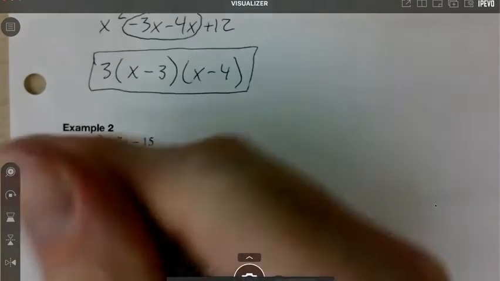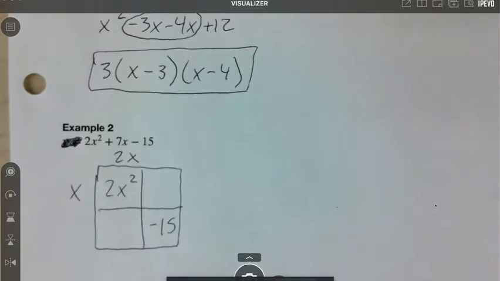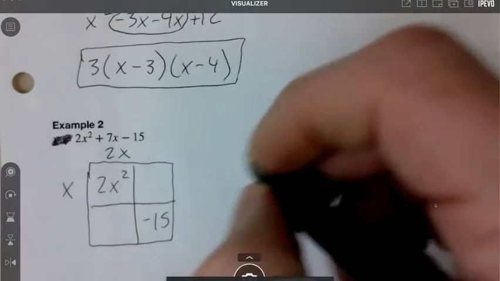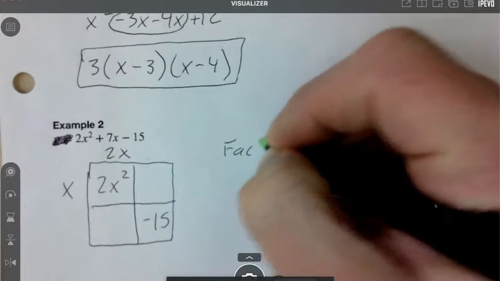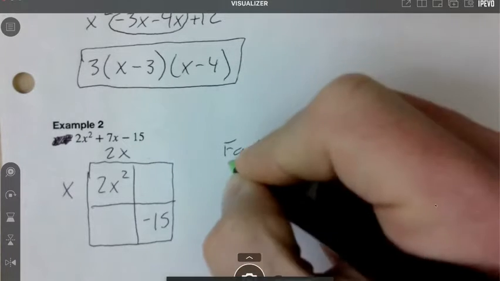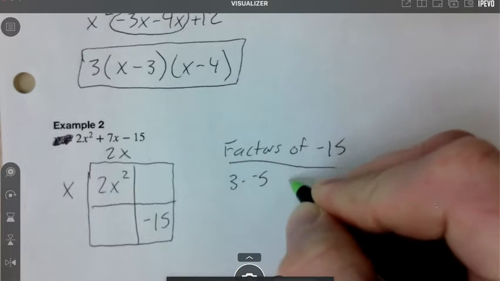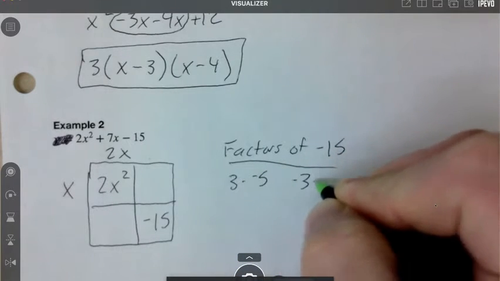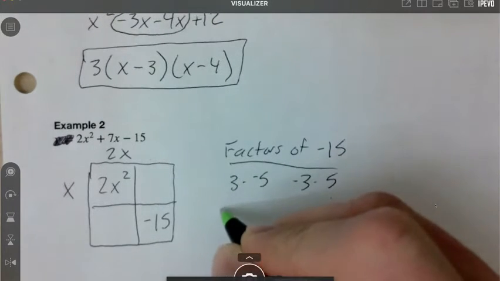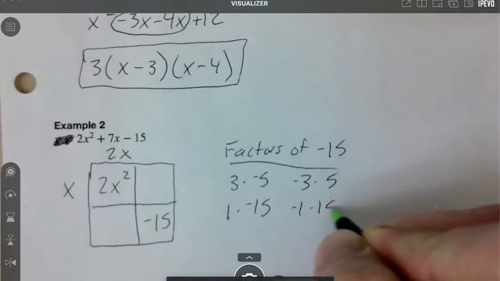But because I have a 2x squared, I'm still going to have x, but now I'm going to have a 2x on one side. Now I'm going to look for factors of negative 15. Got 3 and negative 5, or negative 3 times positive 5, and I have 1 times negative 15, or negative 1 times 15.